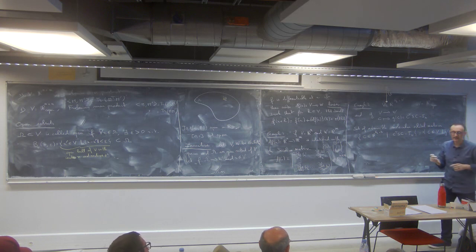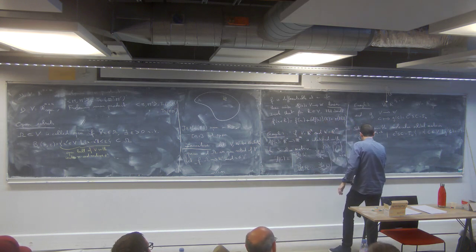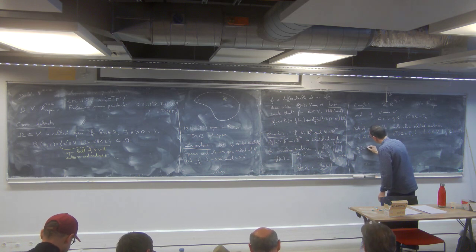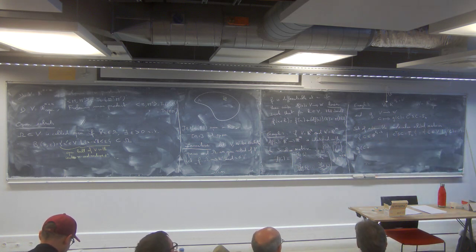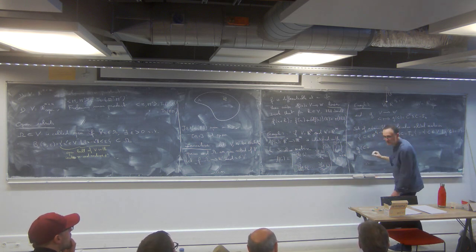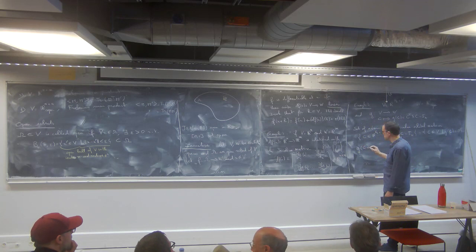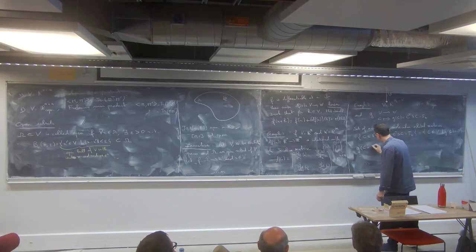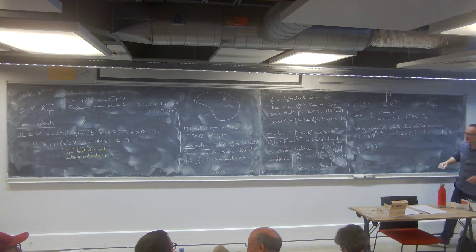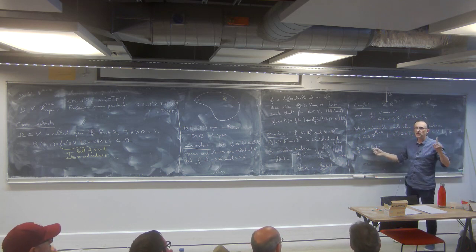So instead of that, let's be more clever and use this definition. I take some C and some variation of C. Let me call it delta C. I go with delta C. But it doesn't need to be small, it's just something.